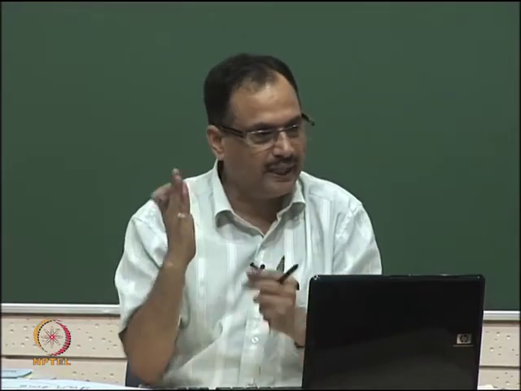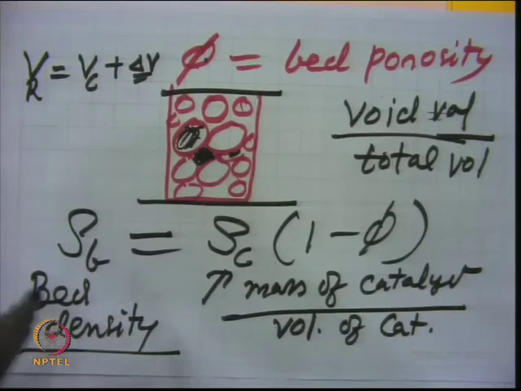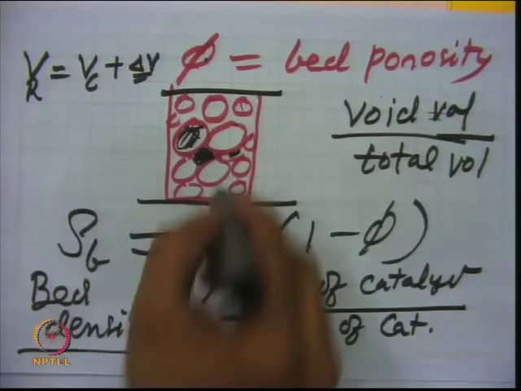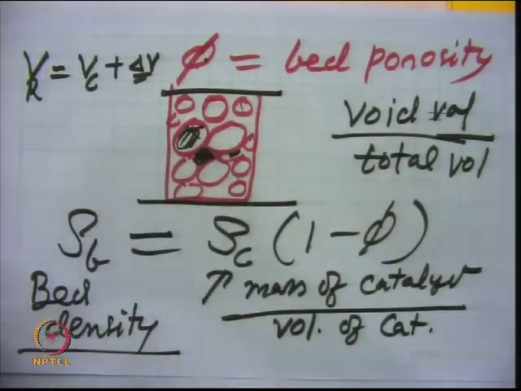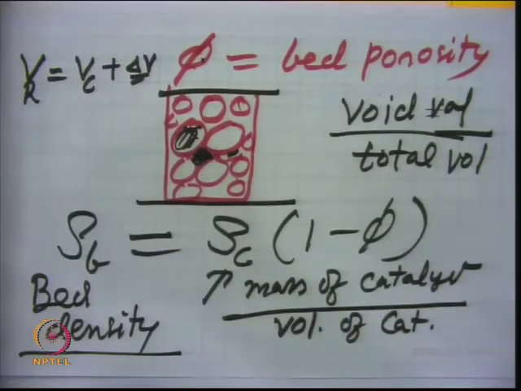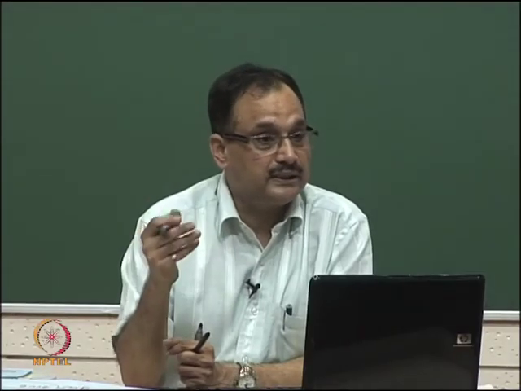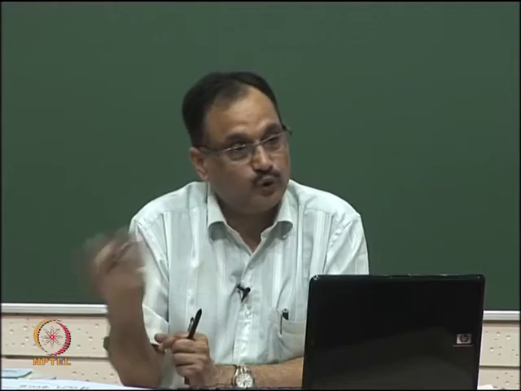If you just look at your clear picture in mind, then rho b will be less than rho c, because there are more voids now, the mass is not there in that gap. So, rho b will be less than rho c. This is how you can correlate. Sometimes we define this W based on the volume of the reactor also, otherwise this mass of the catalyst is density of the catalyst times the volume of the catalyst.